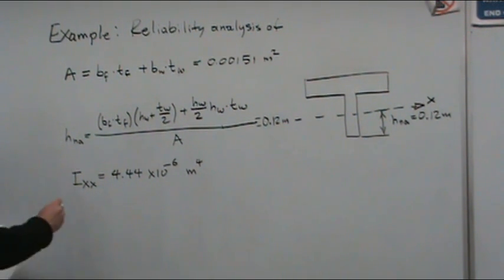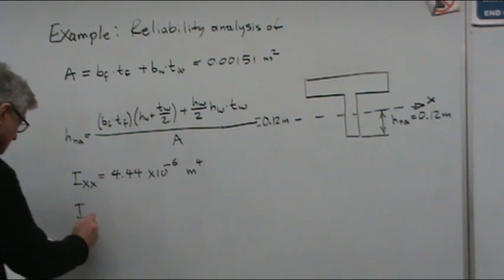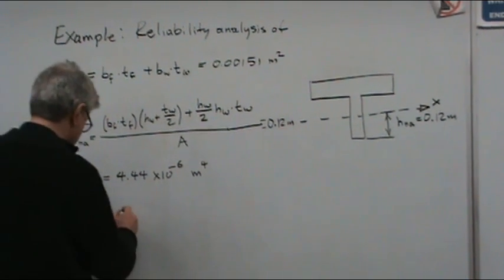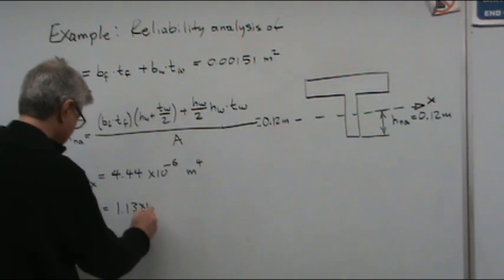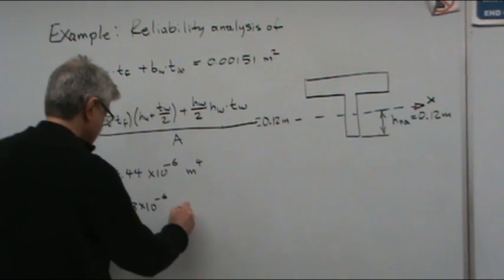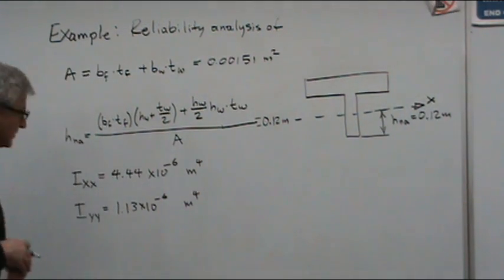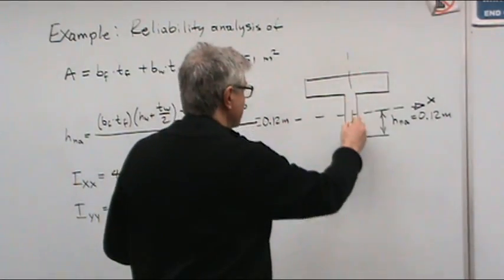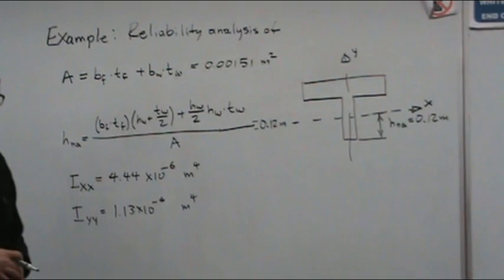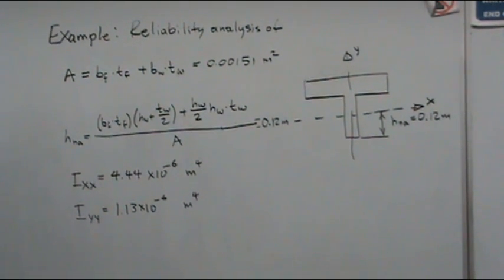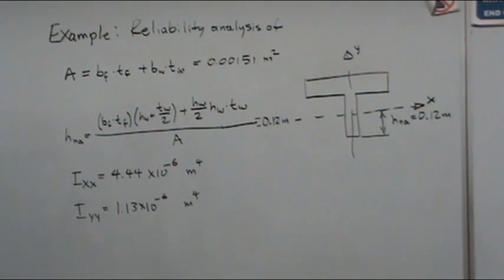On the vertical axis, it is 1.13 times 10 to the minus 6 meters to the 4th power. So that's the moment of inertia relative to the vertical axis. These moments of inertia are important to check for buckling.